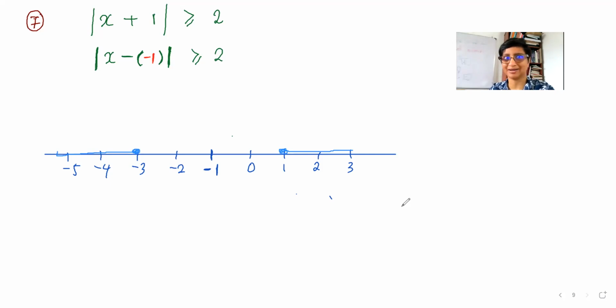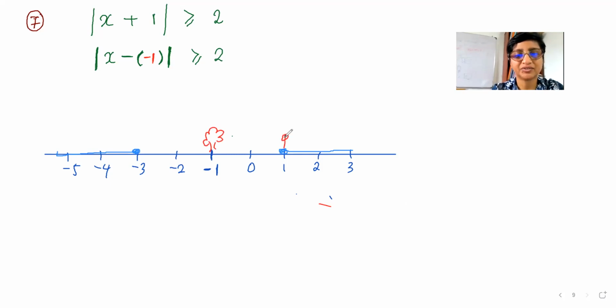No, it's not 3 and minus 1. This is an inequality. You get a range of numbers. So Maliti is right. All numbers from 1 beyond and minus 3 below. Okay, because this is where your tree is.